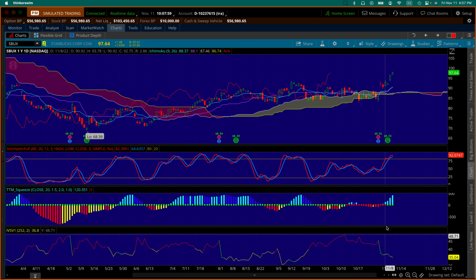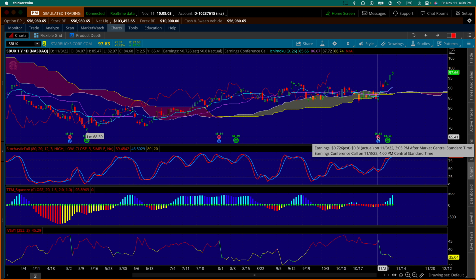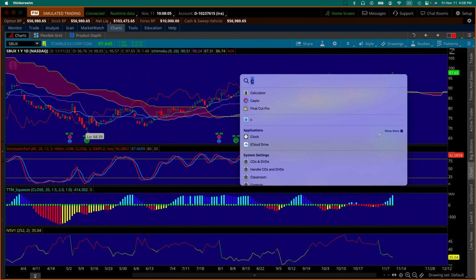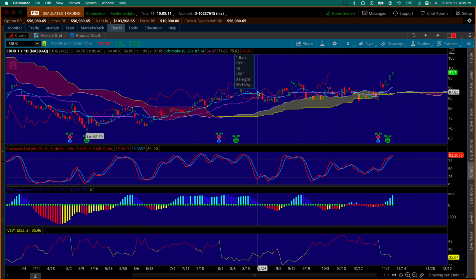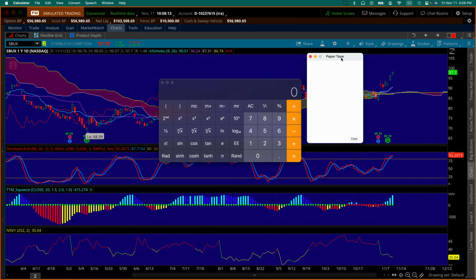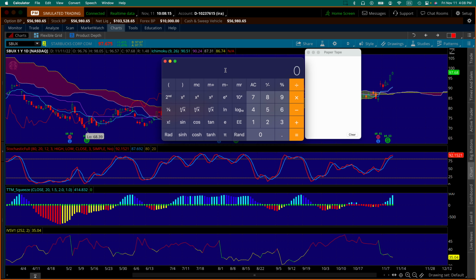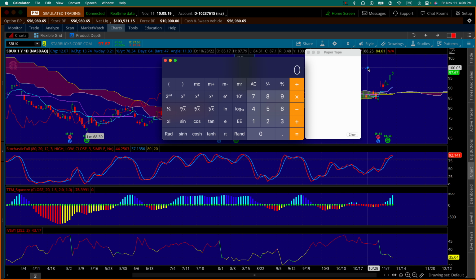Not excited, but that's okay. What about the earnings? Would that make me excited? Perhaps. Let's take the calculator again. Just so you see these steps, you can write them down because you need to go through them. So 81 versus 72, I think.